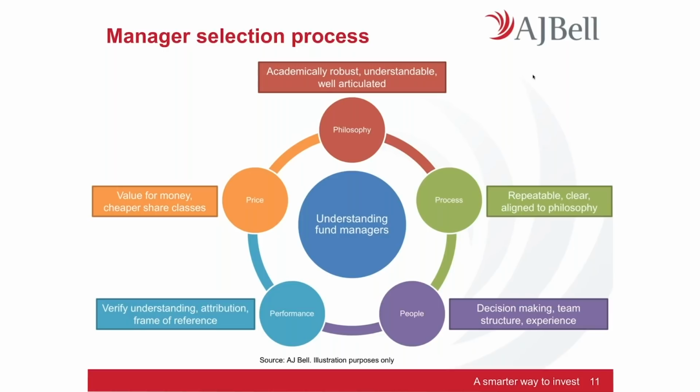Now, I think at this point, I just want to stop and explain two terms I've used, which are alpha and beta. So alpha is much more around being able to generate a return that's different to an index. It's being able to generate something extra for your shareholders, whereas beta is much more the stock market as such.